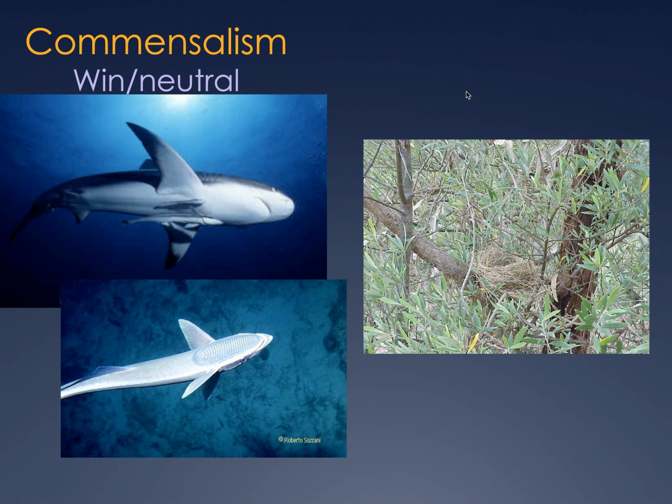As far as commensalism goes, where one organism benefits and the other organism isn't greatly affected, this is a bit more problematic, because when you really think it through, you realize that it's not completely neutral. So here's remoras that attach themselves to the bottom of sharks or other big fish. And what do they get out of the deal?